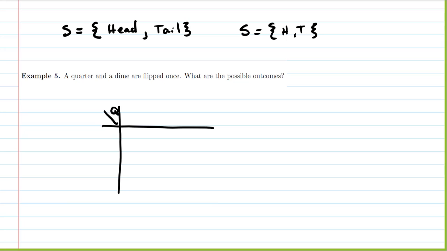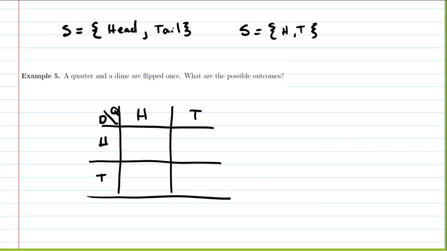And I'm going to put my quarter across the top and my dime down here. So my possibility for the quarters is once again, I can have a head or I can have a tail. And the same thing is true for the dime. I can have a head or I can have a tail. To help me distinguish between the 2 things, I'm going to change the color of my dime to red.